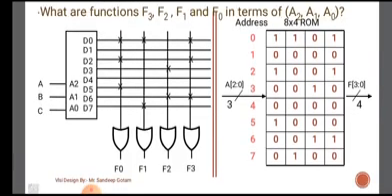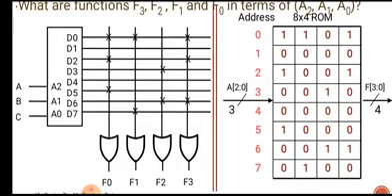So here we can implement it. Here we can see that D0 is connected to 1, D2 is connected to 1 and D5 is connected to 1.